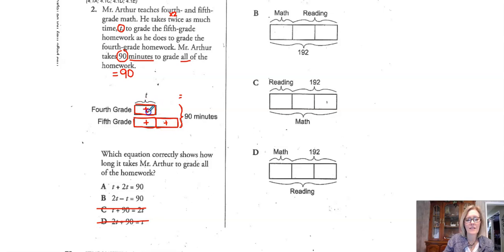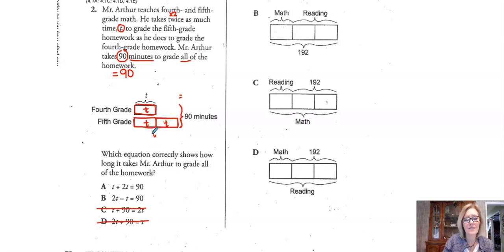Let me make it look a little bit more like a little curvy T here. I don't want you to get confused. Okay, and so this is 2 of the T's. That means it was times 2. So if we say that T is 4th grade and 5th grade is T times 2, there's a special way that we can look at that.